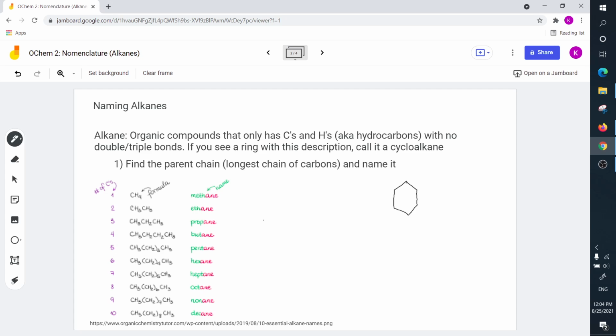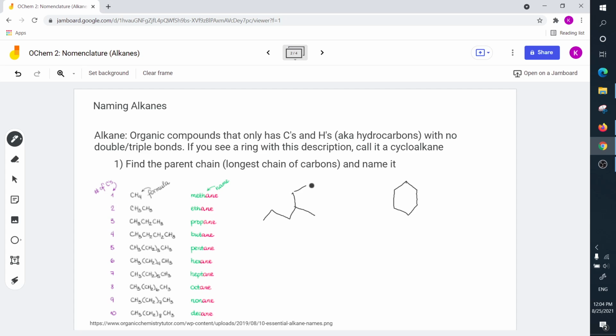So for regular straight chain alkanes, we first find the parent chain. So in this case, the longest chain of carbons. So we have 1, 2, 3, 4, 5, 6. The longest chain would be hexane in this situation. We have different prefixes for different numbers of carbons.